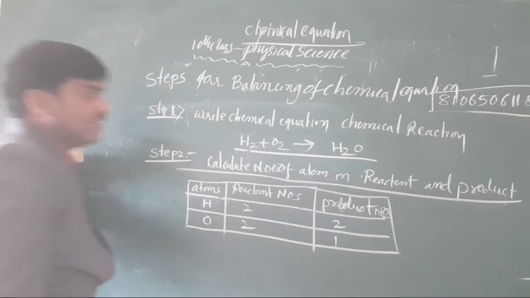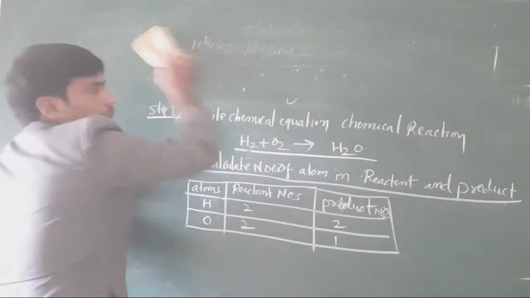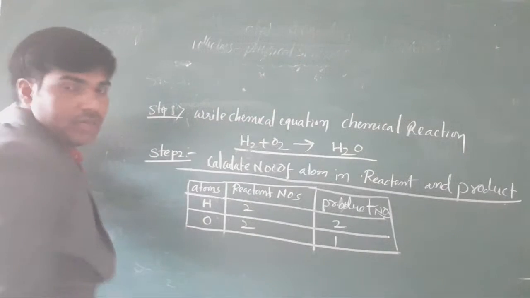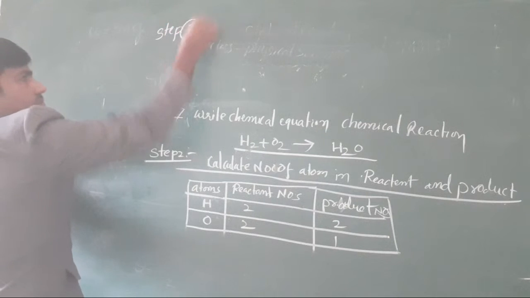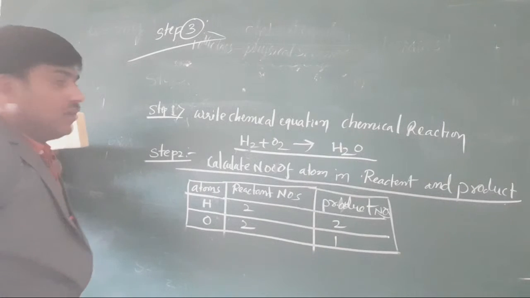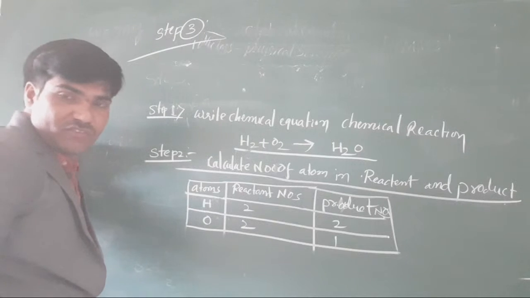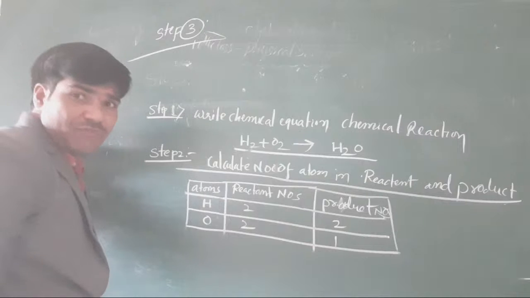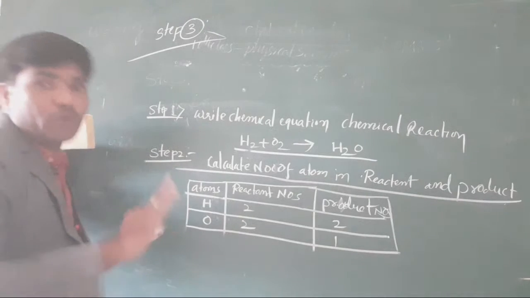Now this is the second step we considered. And come to the third step here. In step 3, you multiply with a coefficient. Clear or not, all the students? Multiply the coefficient on the product side or reactant side up to balancing.